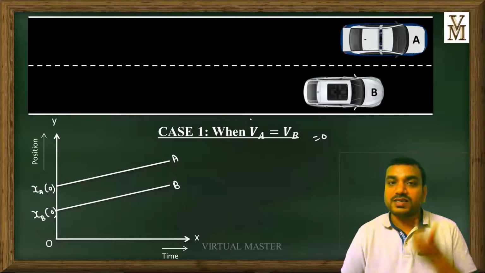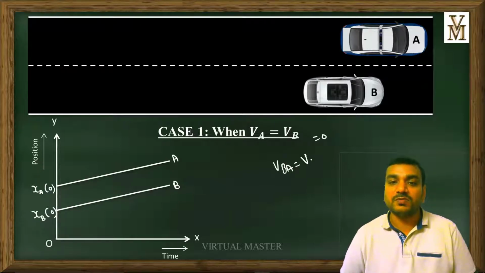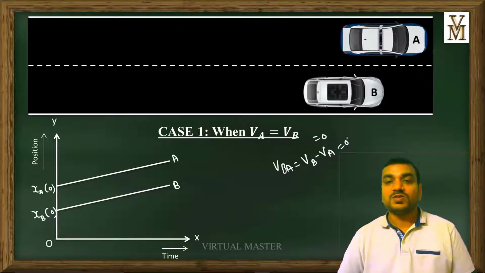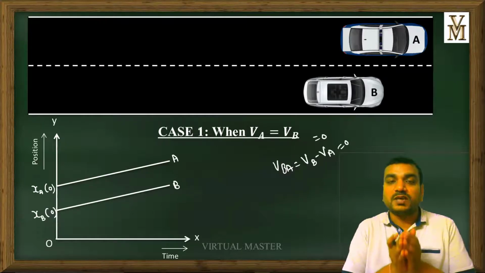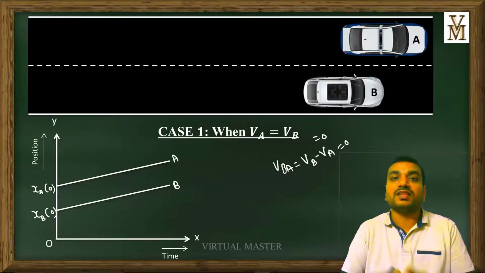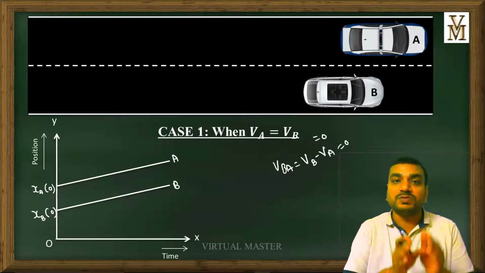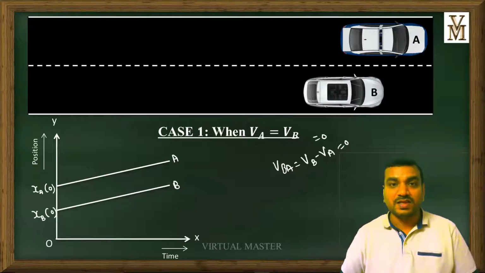As we have already discussed, if the two cars are moving in the same direction, then the relative velocity of car B with respect to car A will be equal to VBA, which is nothing but VB minus VA. Since VA is equal to VB, it will be equal to 0, isn't it? So if two objects are moving with the same velocity, then the relative velocity between the two objects will always be equal to 0.